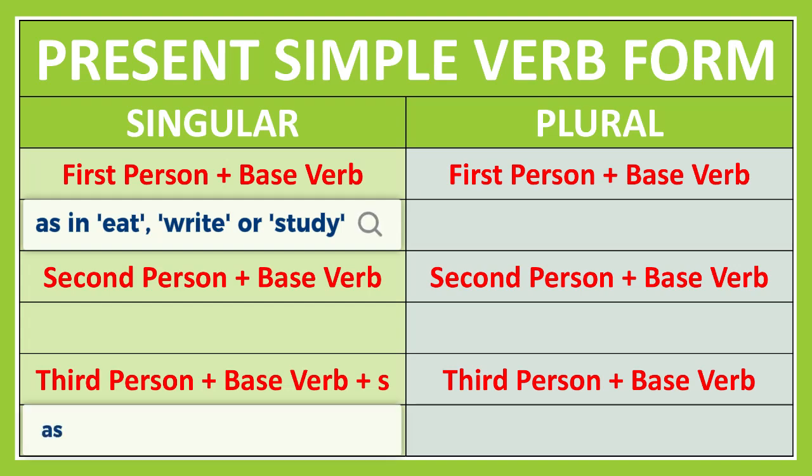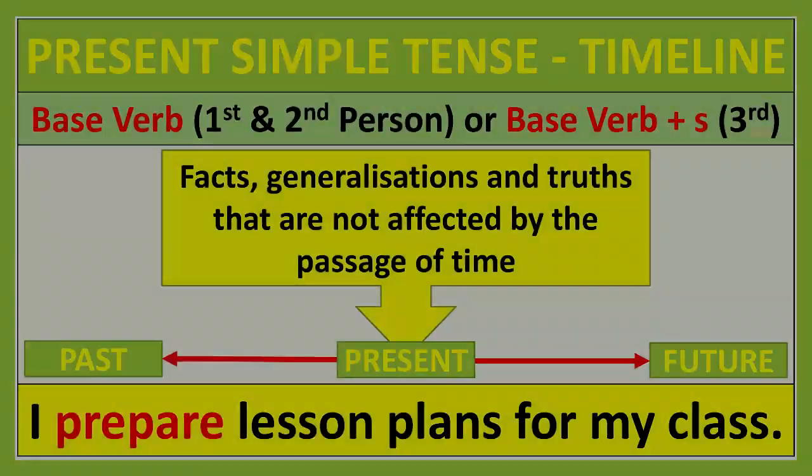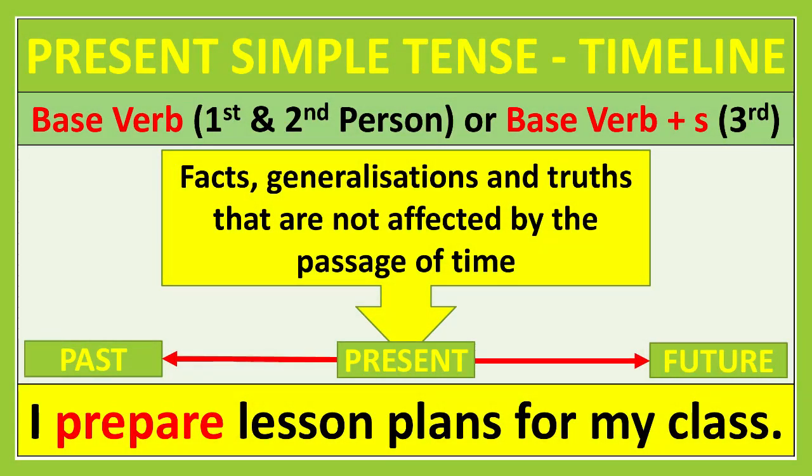For third person singular, the base form of the verb adds an S, while third person plural follows the same structure as the first and second persons. Examine the timeline to grasp the structure of the present simple form and its usage.